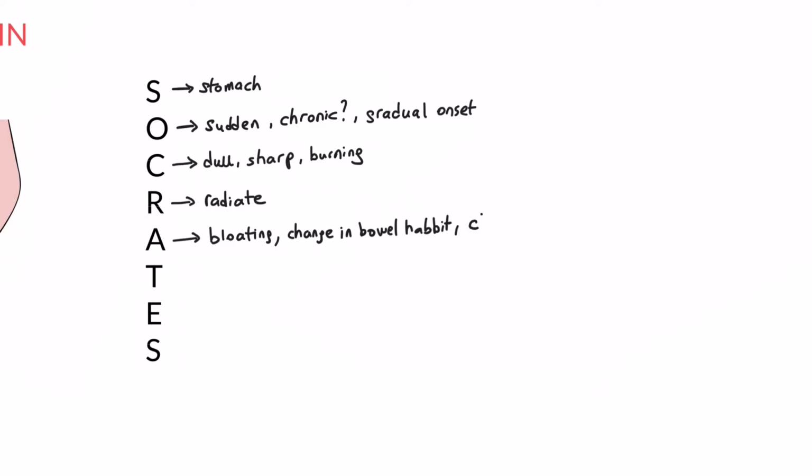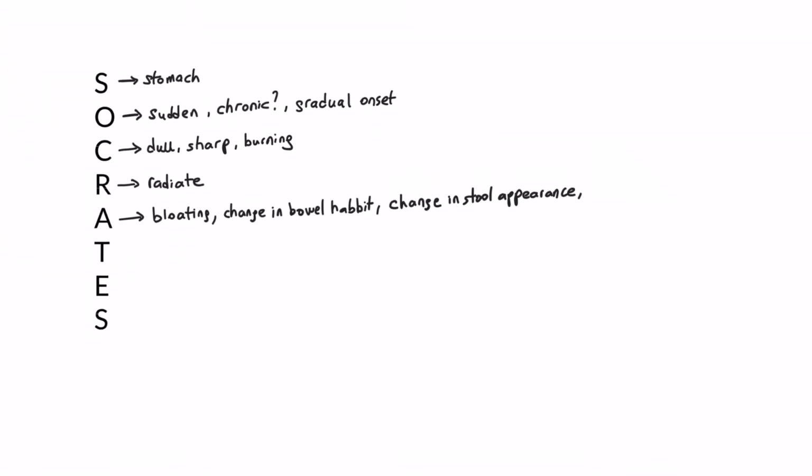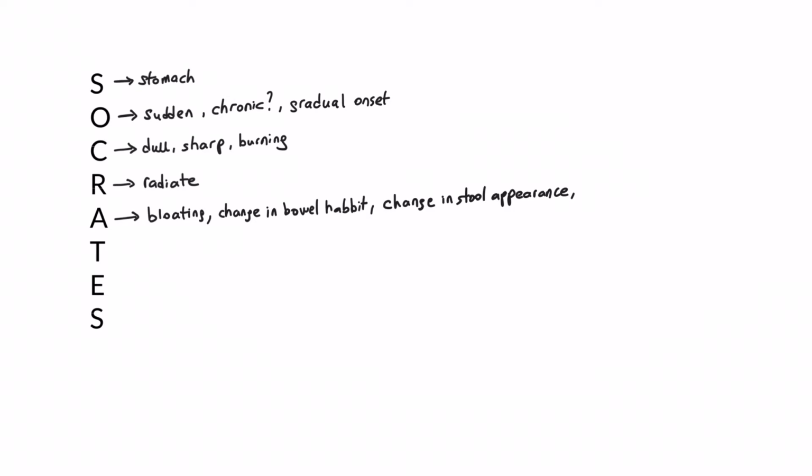And obviously, you want to ask if there's a change in the color or appearance of the stool. If the stool appears different, more pale or darker, and obviously if she's a female using iron tablets, definitely the stools will be darker, which is a common indication for iron tablets.